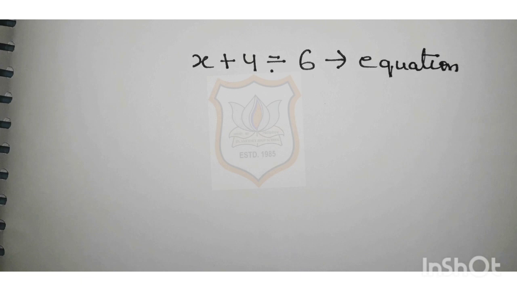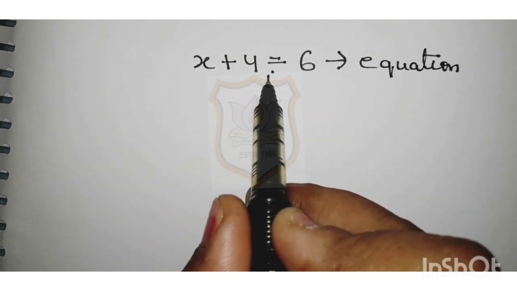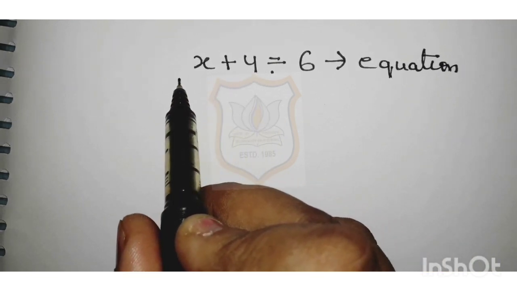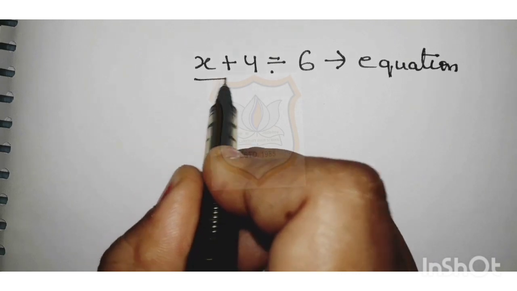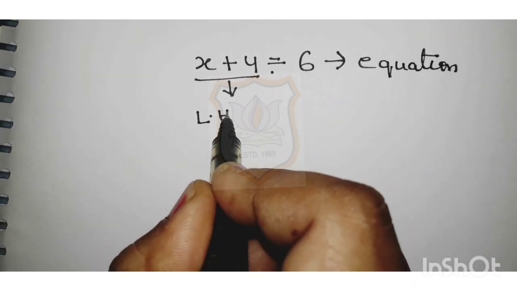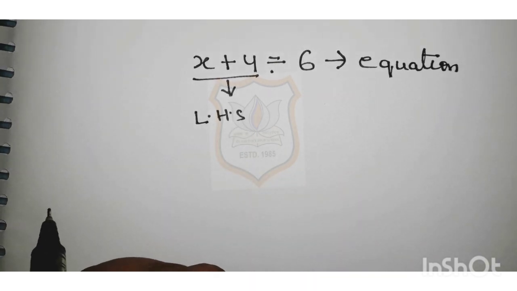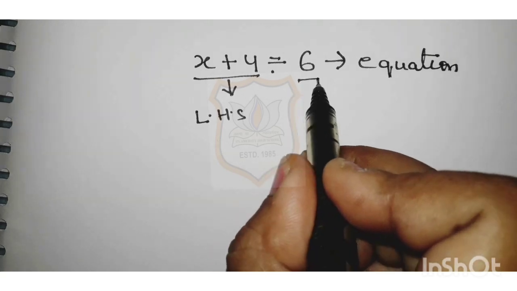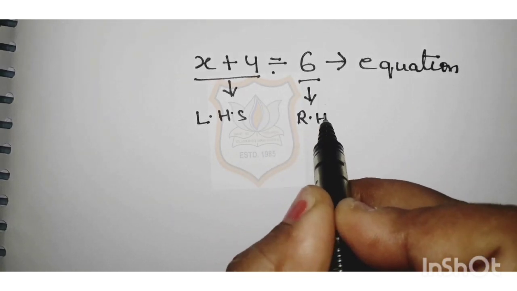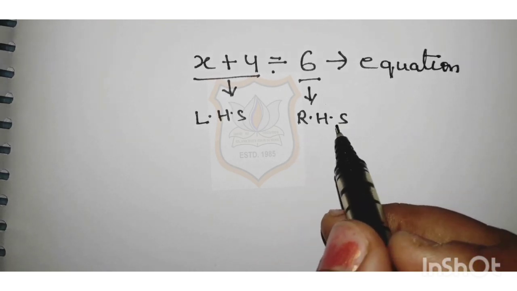And we can say that an equation is divided into two parts. The part which is towards the left side of is equal to is known as left hand side or LHS. And the part which is towards the right side of is equal to is known as right hand side or RHS. Again, I am repeating it.